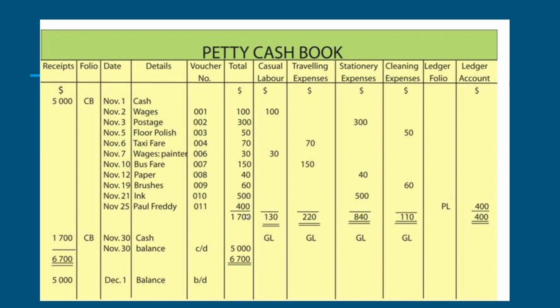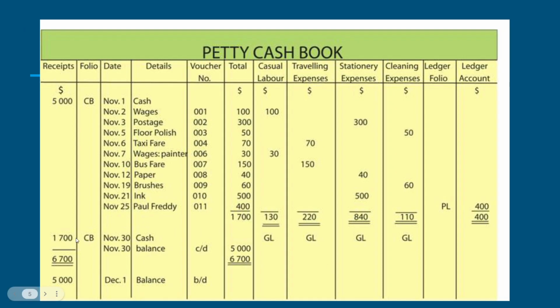That means if we think about it in the business way, or in the accounting way, in the imprest system way, we need to be paying 1,700 again for the next month for the petty cash book or for the petty cash account, so that we go back to the balance of 5,000. That's exactly what's happening, right?